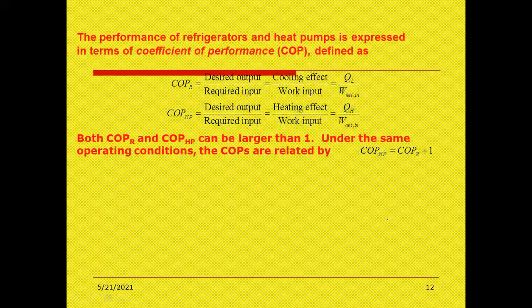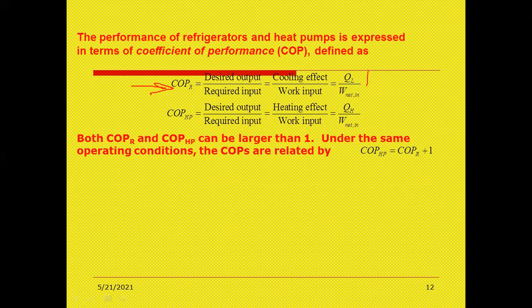Now, the performance of refrigerators and heat pumps is expressed in terms of coefficient of performance. The COP of a refrigerator is equal to desired output by required input, that is, cooling effect by work input, which equals QL by W net.